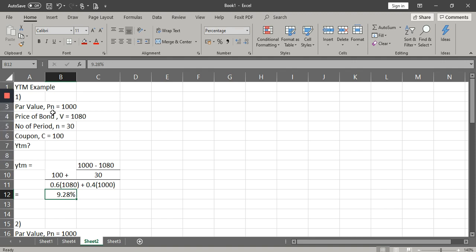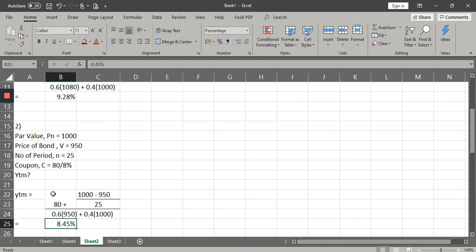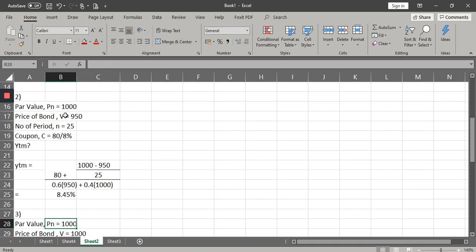So for the first bond, you're purchasing at a premium. Why premium? Because it's more than 1000. So you're purchasing at a premium, and this is your yield to maturity. Then the second one, you're purchasing at a discount, lesser than 1000. And you start calculating, you should be getting 8.5%. That's your yield to maturity.